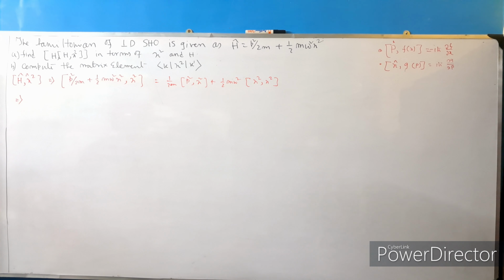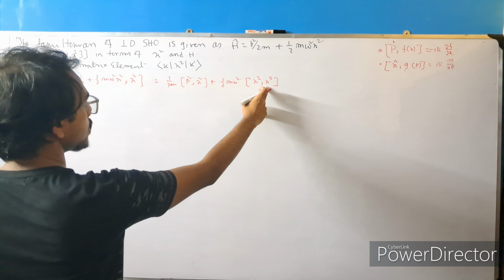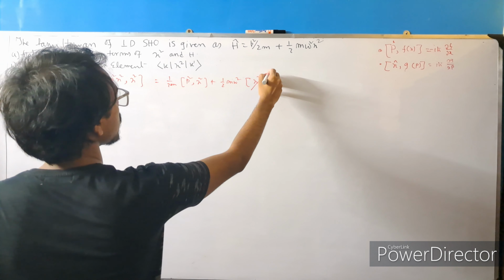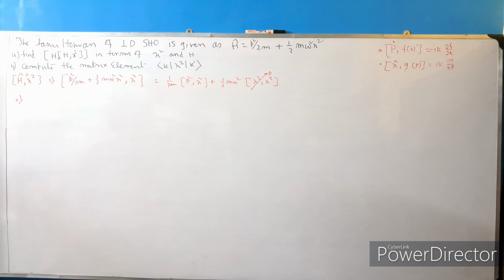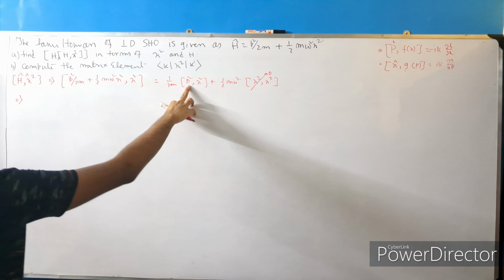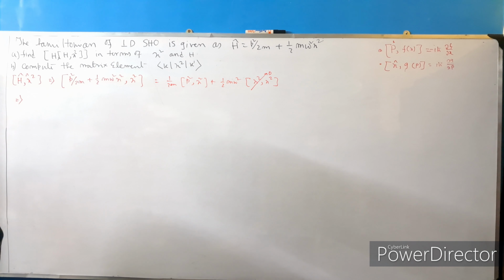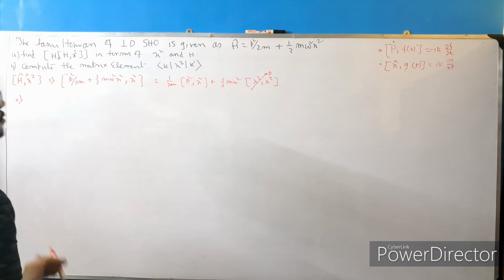Now from here we can say that a commutation with itself will give a big zero, so it does not make any sense. And p squared can be written as p dot p.